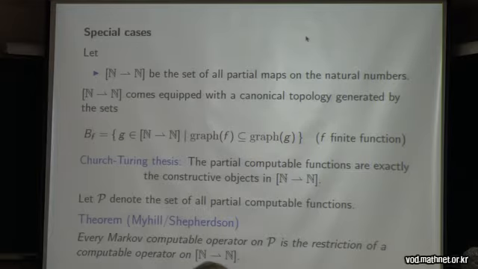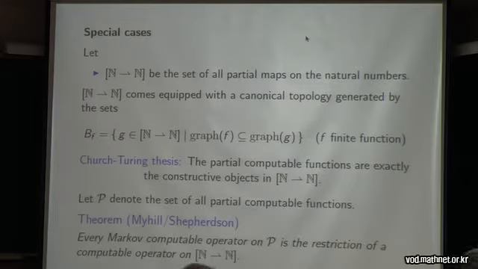And first of all, I would like to consider some special cases. So we start with the set of all partial maps on the natural numbers. I always use this harpoon to denote the set of partial maps. And this set comes with a canonical topology. A finite function, that means a function with a finite graph, is a partial map.